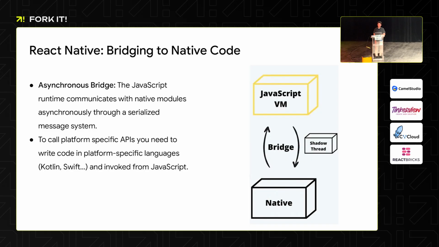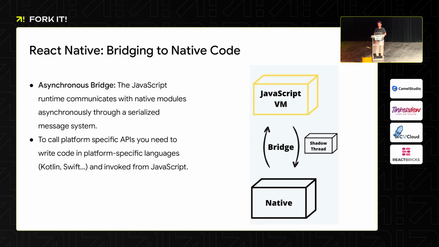First, for React Native, as we said before, we have this JavaScript VM and the native code, and there is a bridge in between. That's how calling the native code happens. We have an asynchronous bridge, and it adds some overhead and some latency. It's not the best for performance. Also, we need to write code in 3 languages.